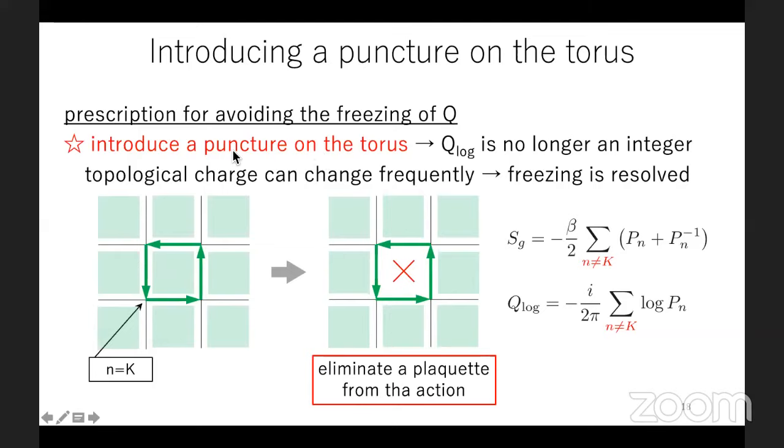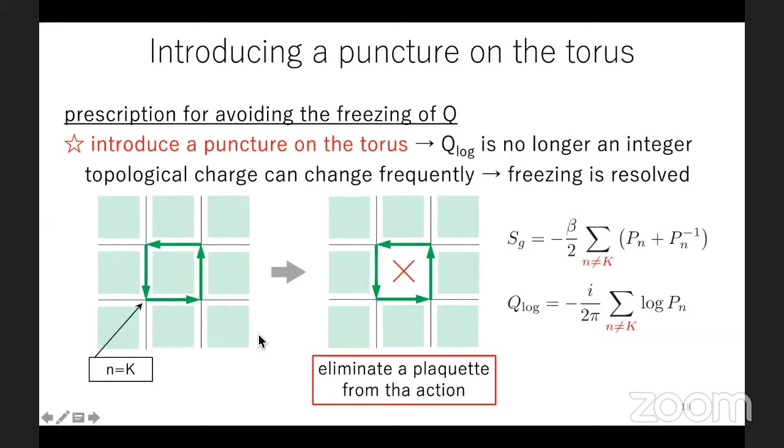The torus with a puncture is no longer a compact manifold. So the topological charge is not an integer value. But in this case, the topological charge can change frequently. It is not restricted to integers. So freezing is expected to be solved.